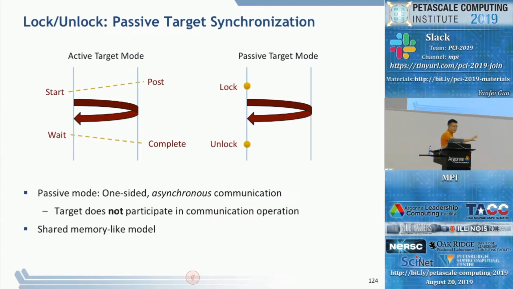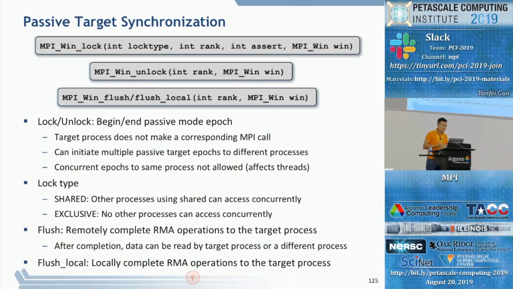Everyone knows that some operation happens on it, but the good thing is the target doesn't need to participate and acknowledge that it knows you're doing operations on it. It doesn't have to do that explicitly, so I don't have to make anyone else sync with me. Basically, lock and unlock are the beginning and the end of the epoch.